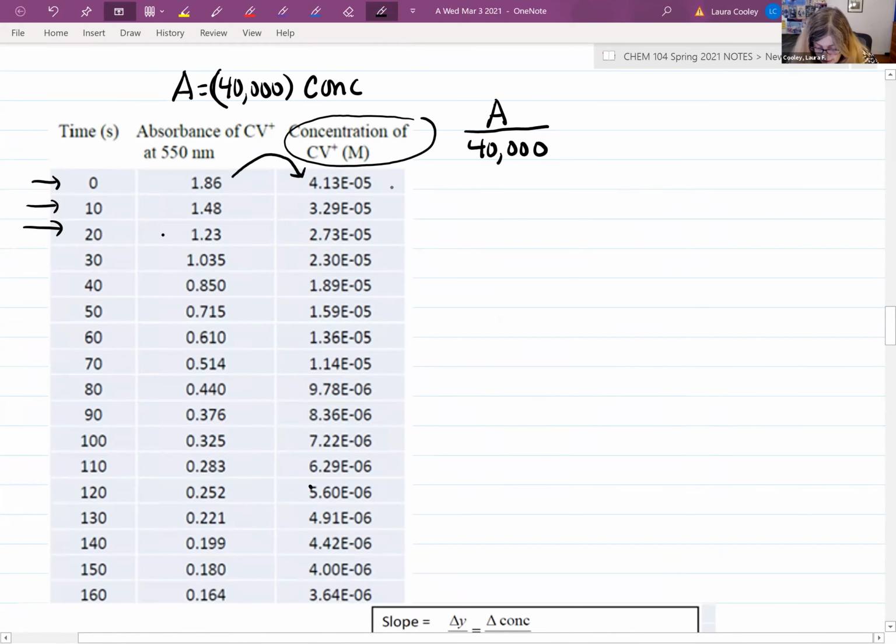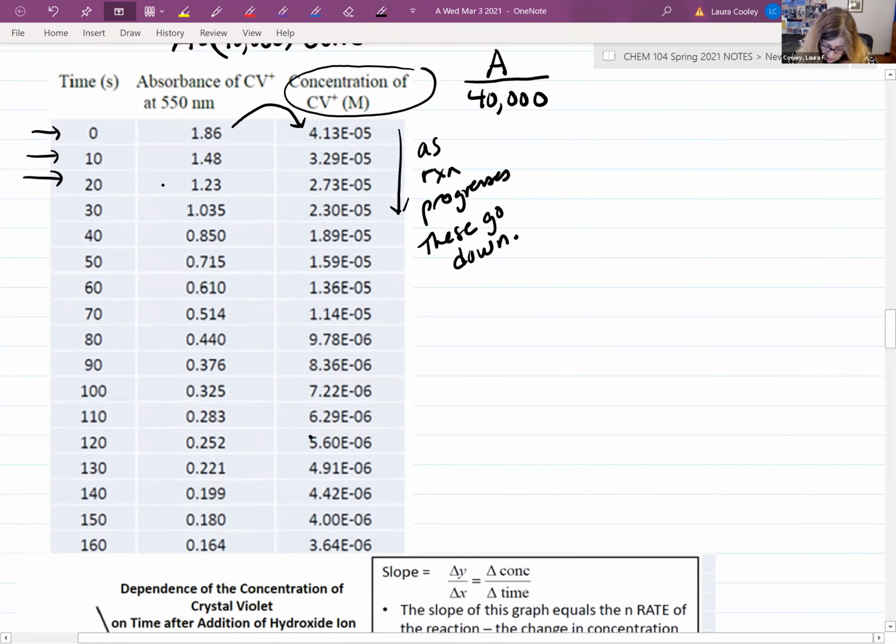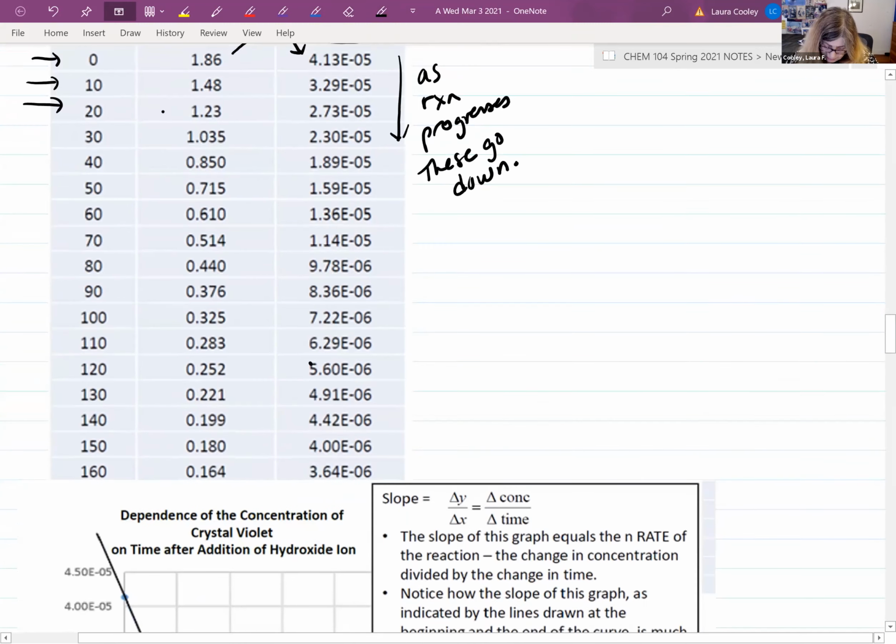So these are the concentration of the crystal violet as the reaction progresses. And these go down because the concentration of reactants is declining with time. Okay, so we start out at 10 to the minus 5th molar, we end up at 10 to the minus 6 molar.